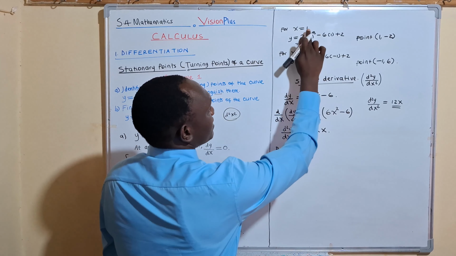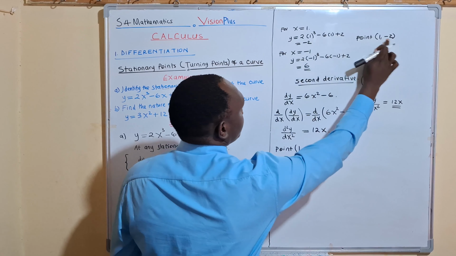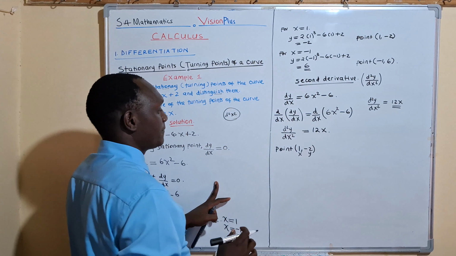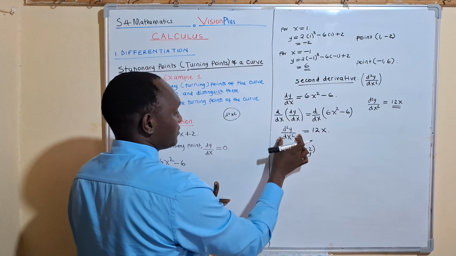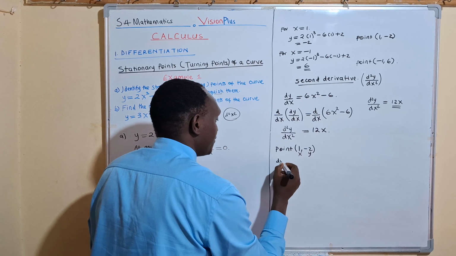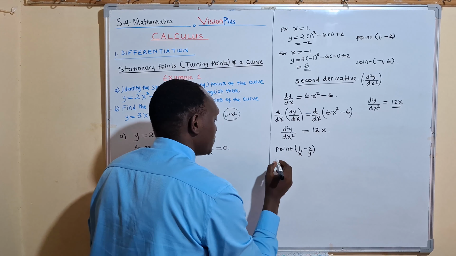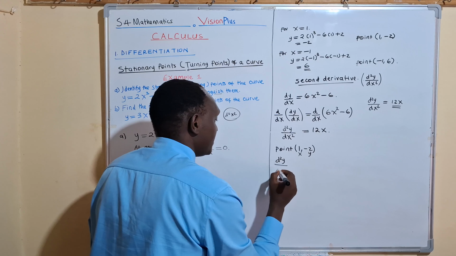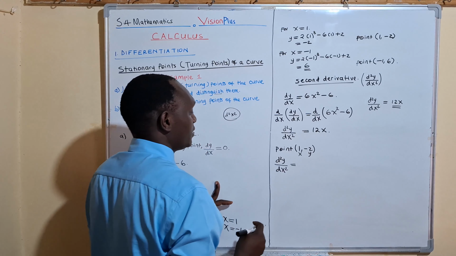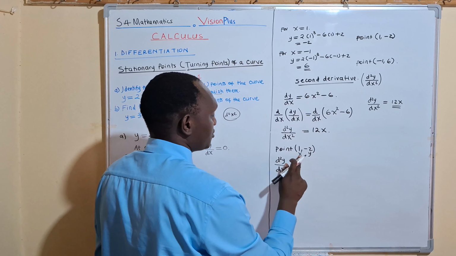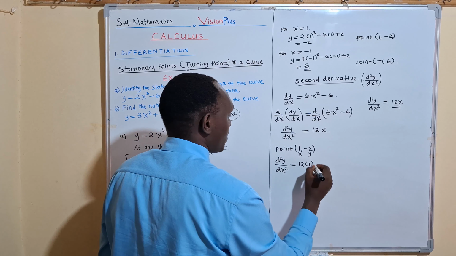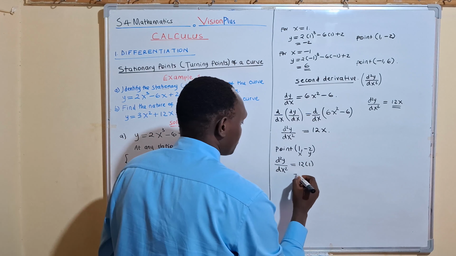In the second derivative, we substitute for x, so d²y/dx² equals 12 times x, where our x is 1. 1 times 12 is 12.